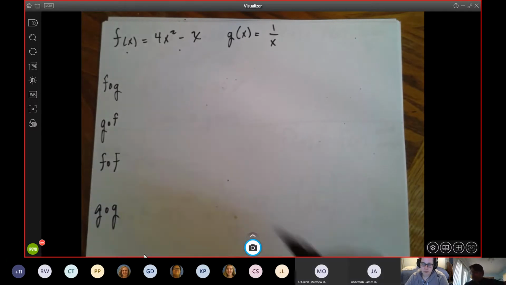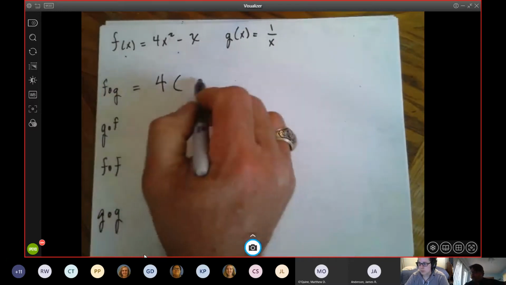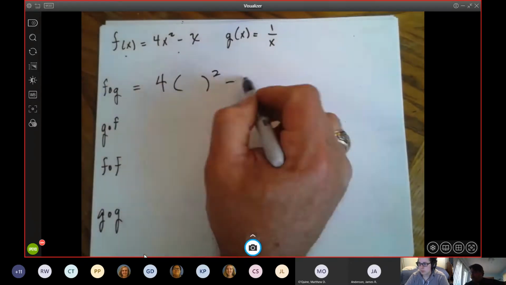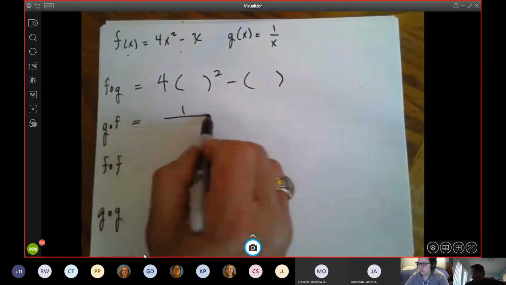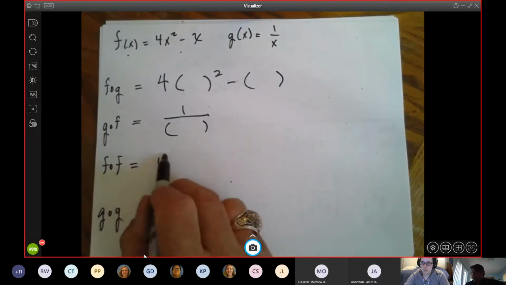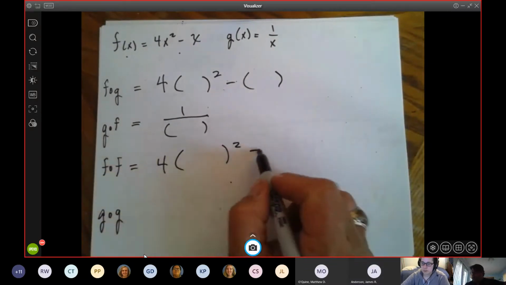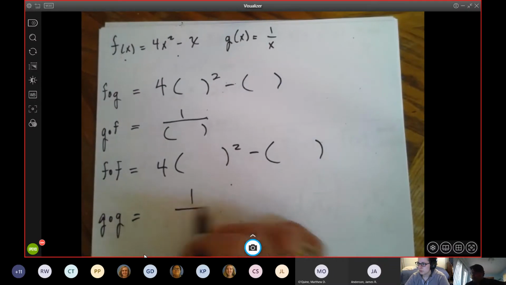So for this one, I'm going to rewrite f with a big set of parentheses. Here, I'm going to rewrite g with a big set of parentheses. Here, I'm going to rewrite f with a big set of parentheses. And here, I'm going to write g with a big set of parentheses.